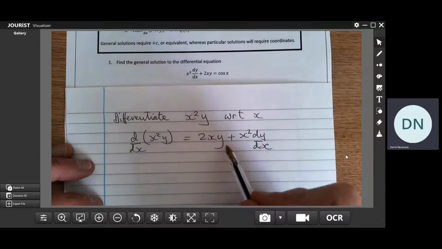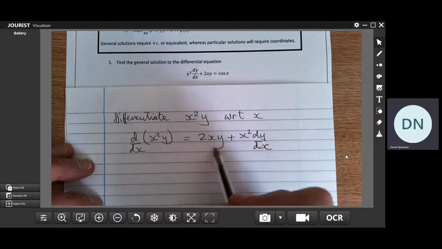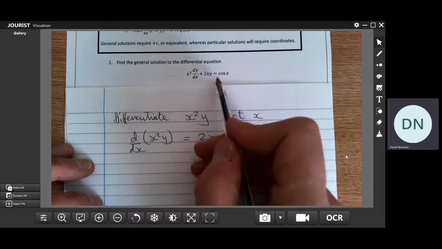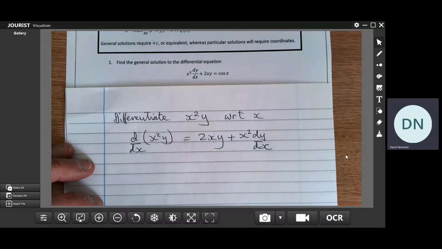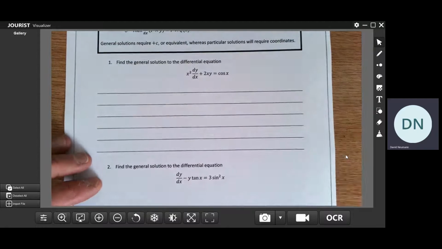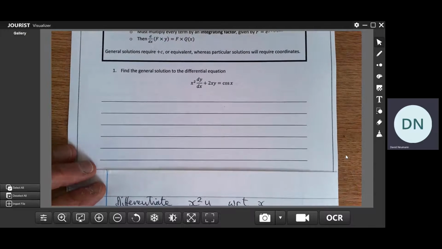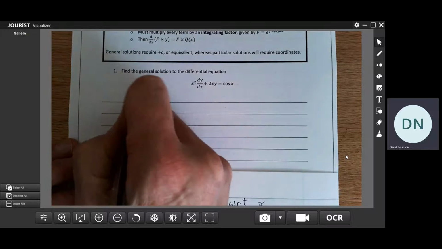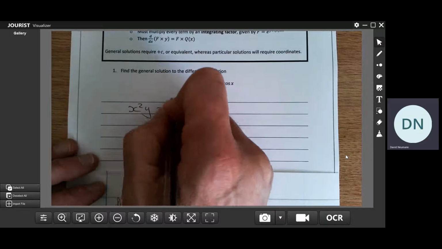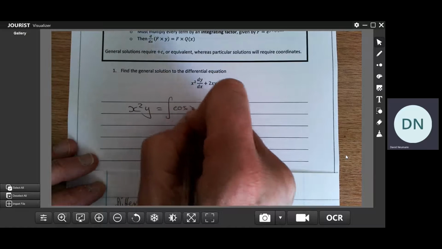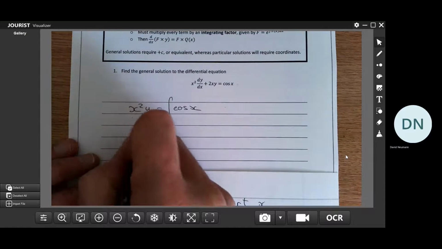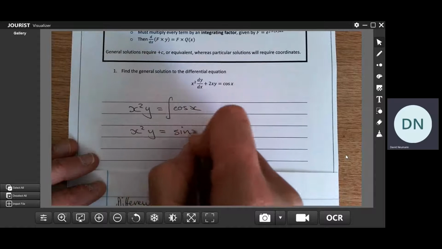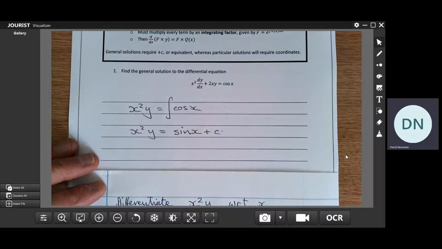Now I've got this the opposite way round, but it is equal to the left-hand side there. So what we can do is we can say, reversing that process, if we integrate 2xy plus x squared dy by dx, we're going to get x squared y, and then we've got to integrate the right-hand side. So let's go ahead and do that. I'm going to write it on the pages here. So we've got x squared y equals the integral of cos x. So that's x squared y is equal to sine x plus a constant of integration.